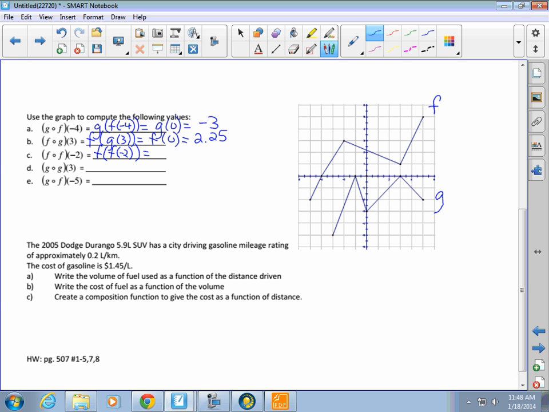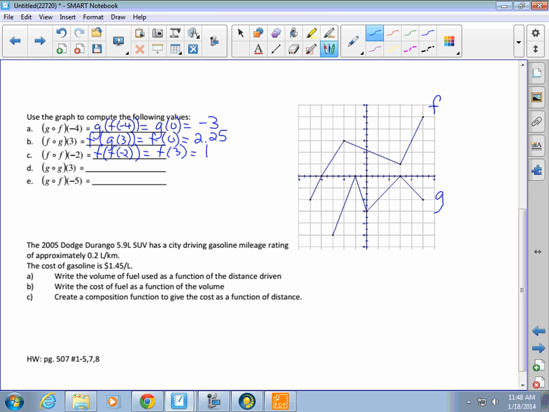Negative 2 is here, and my y value is up here at 3. So for the composition I'm finding the f of 3. When my x is 3, so 1, 2, 3, what is my y on the f graph? It's up here at 1.